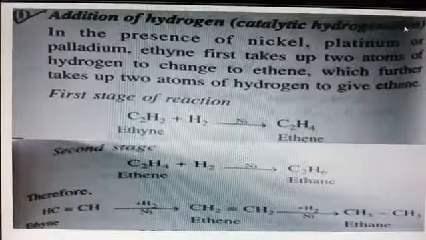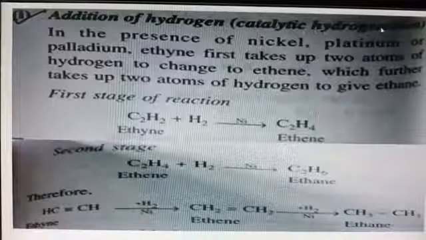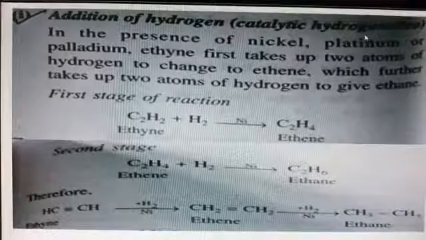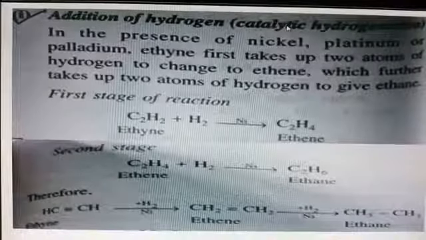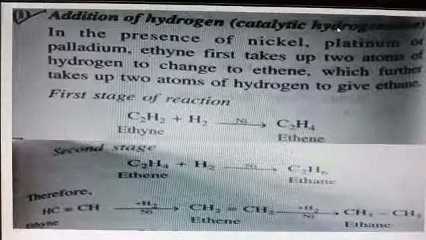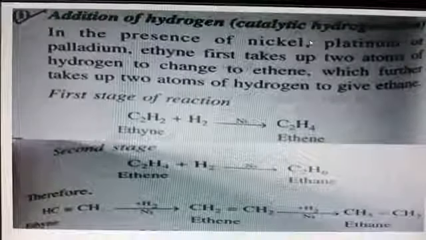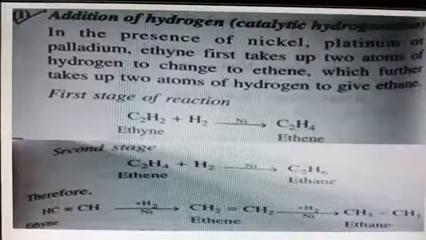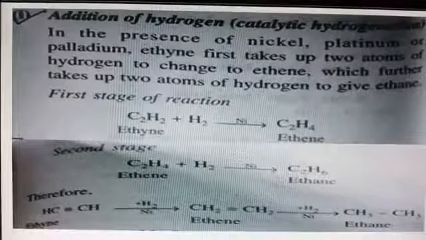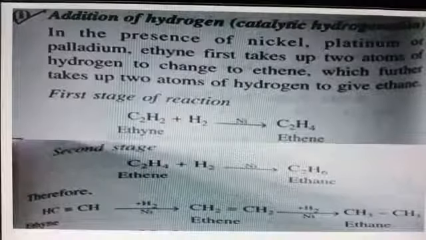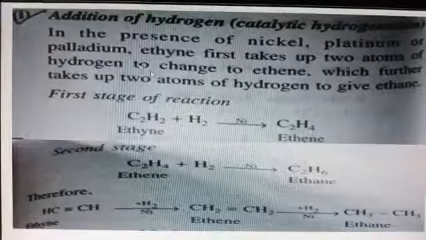Hydrogenation means addition of hydrogen. Catalytic hydrogenation means addition of hydrogen in the presence of a catalyst. So what are the catalysts we use? Nickel, platinum or palladium, any can be used.